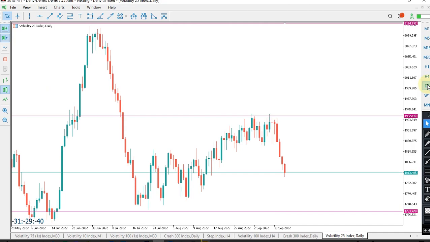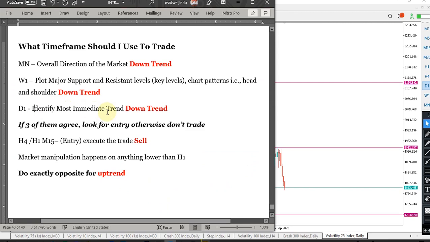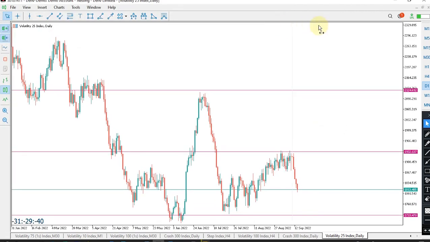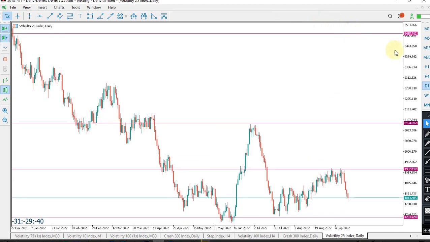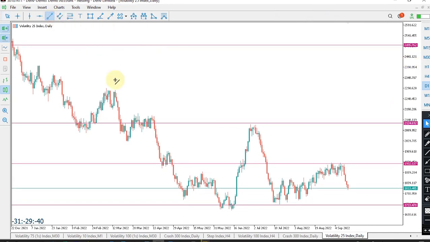So we're on D1 and you can see that our chart is beginning to make sense. Let me zoom out a little bit. At D1, we now identify the most immediate trend. Looking at this chart right now, I can see an immediate trend.